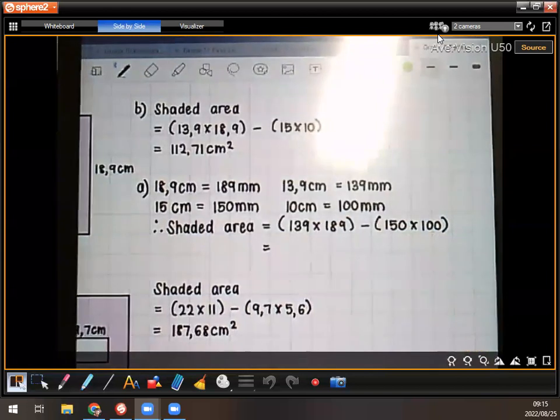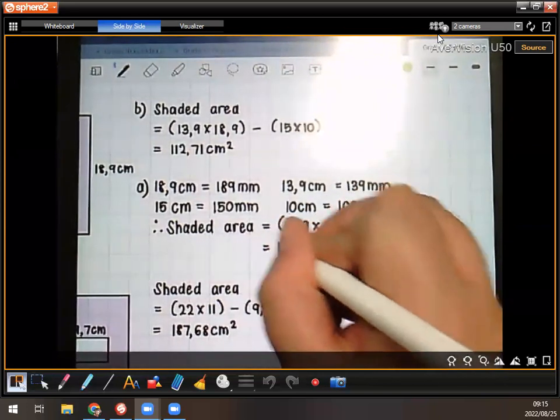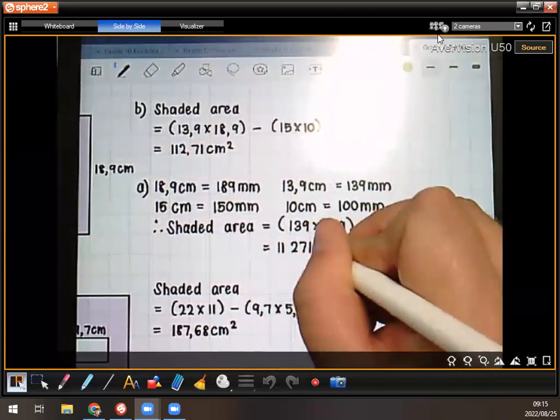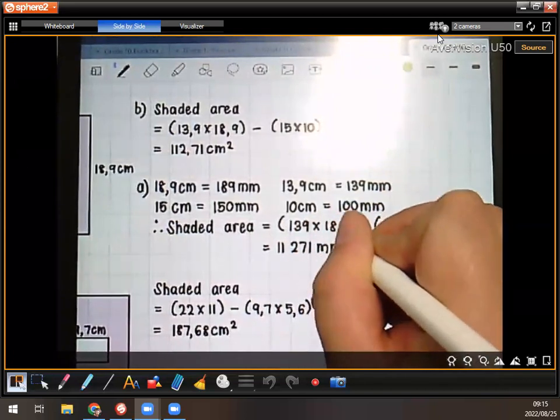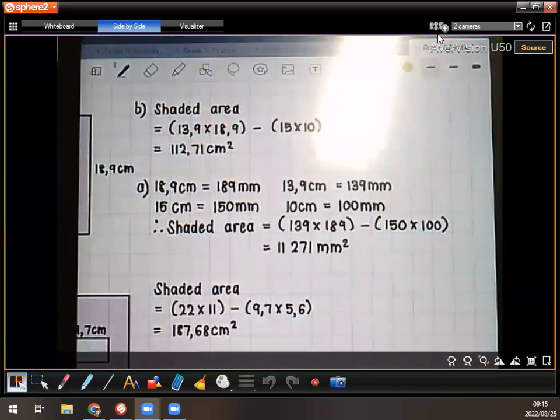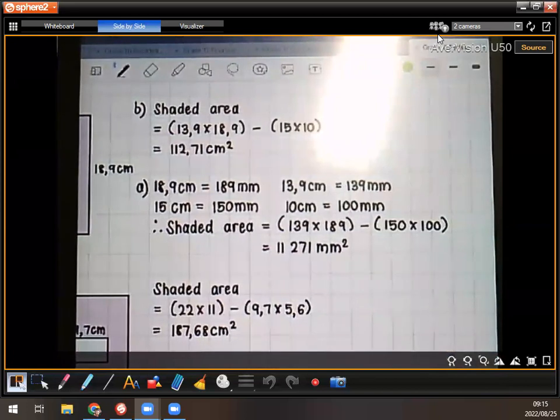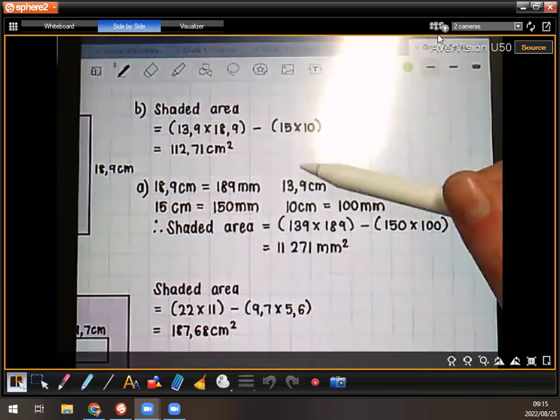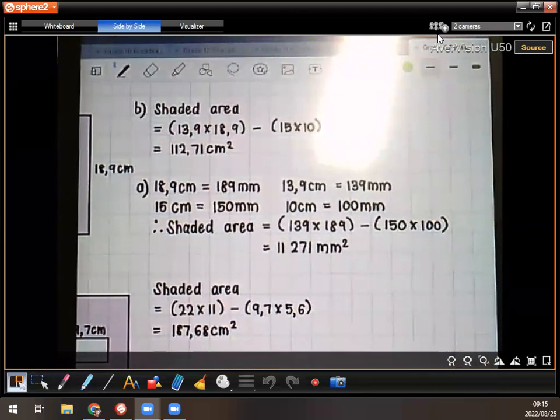I'm going to see quickly what exactly that comes to. 11,271 millimeters squared. Okay, so that was actually the answer to A, guys, and that was the answer to B.